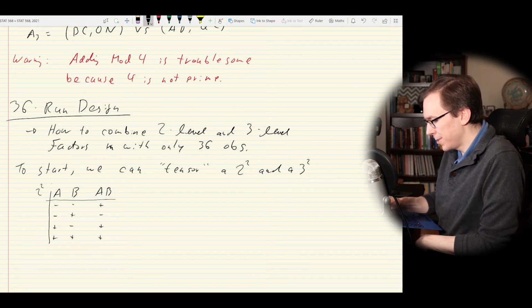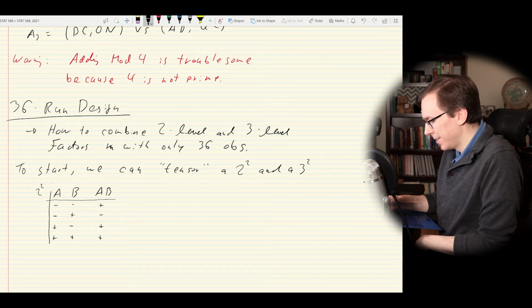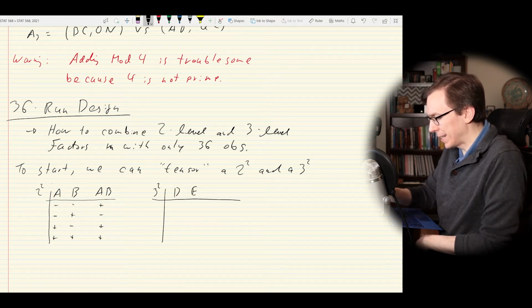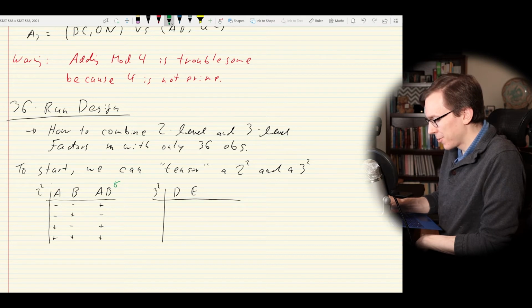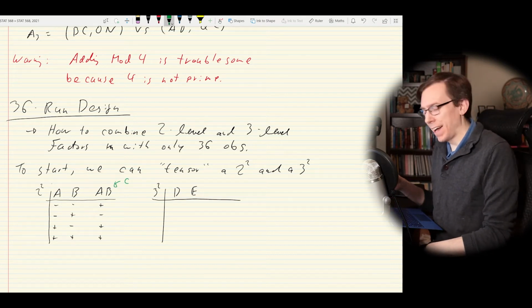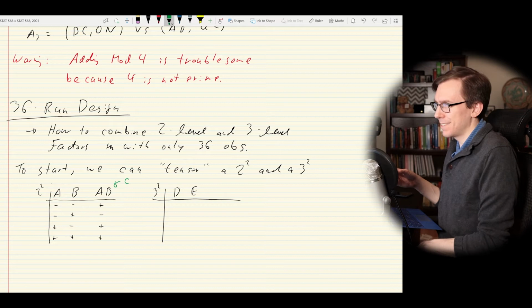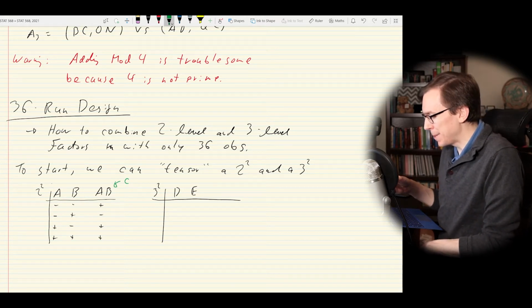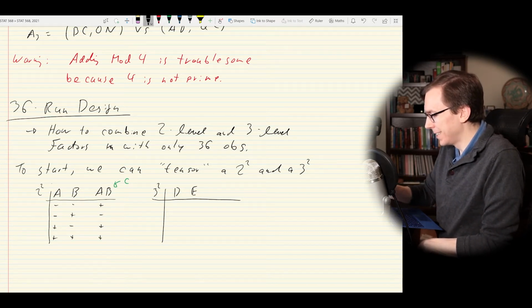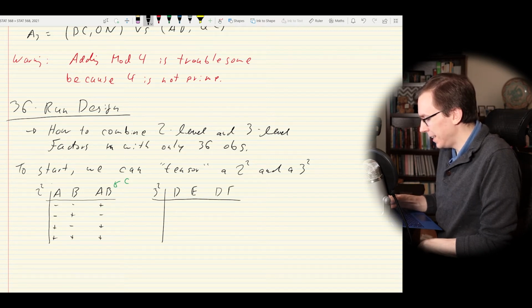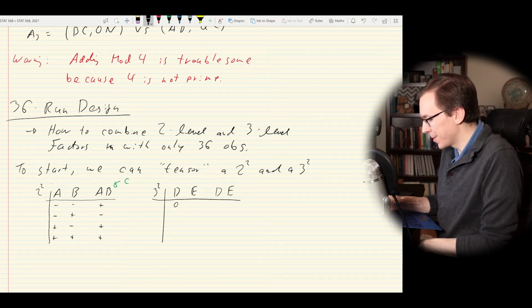This is our 2 to the 2 design, and then we would have our 3 to the 2 design, which would look something like D, E. I'm not using C because I'm going to eventually try to throw a C in here and confound, or I guess alias it with AB to be precise in the terminology. And then we'd have D, E, and in this case we would have 0, 0, 0, 1, 1, 1, 2, 2, 2, and 0, 1, 2, 0, 1, 2, 0, 1, and 2.